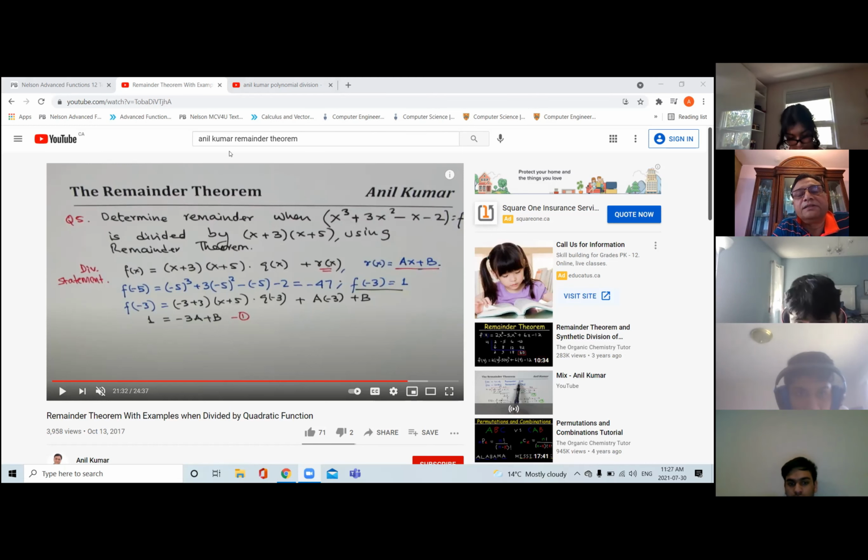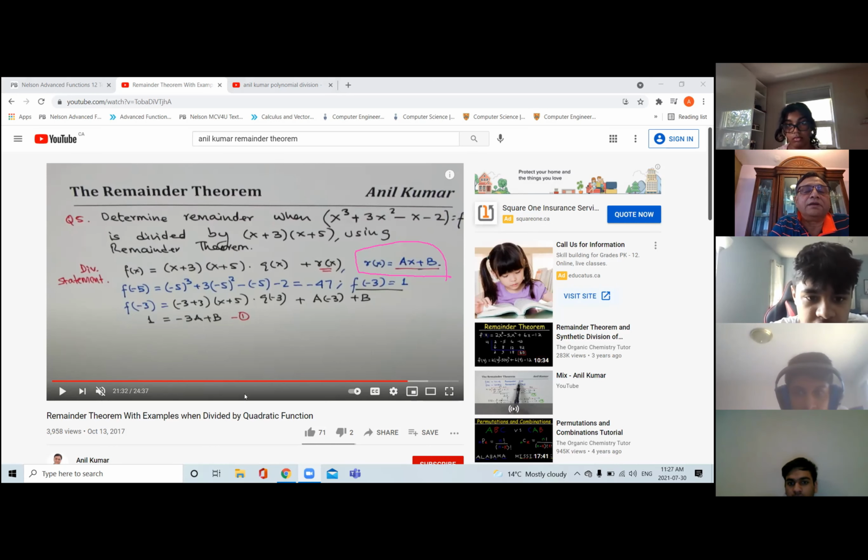When I'm dividing this cubic by a quadratic, what remainder do I expect? It is linear, right? So my remainder will be a linear function ax plus b. We don't know what this is. Now when I substitute -5 for x, I get -5a plus b. Is that correct?